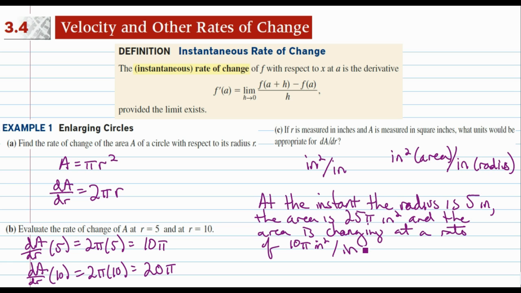So if I add on another inch to the radius, the new area would be 25 pi plus 10 pi, so 35 pi square inches, which you actually know would be 36 pi square inches, but it's an instantaneous rate of change. So it's only an approximation if you want to jump from a 5-inch radius out to a 6-inch radius.